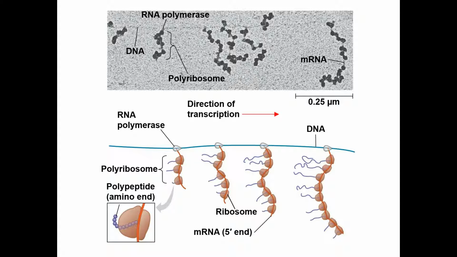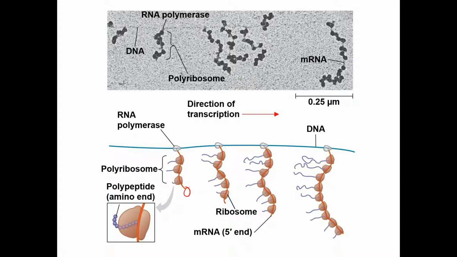You have your DNA molecule here, and you have your growing messenger RNA here in different phases. Now as you go from left to right, your transcript, your messenger RNA, is getting longer. And each of your transcripts is actually being translated into protein.